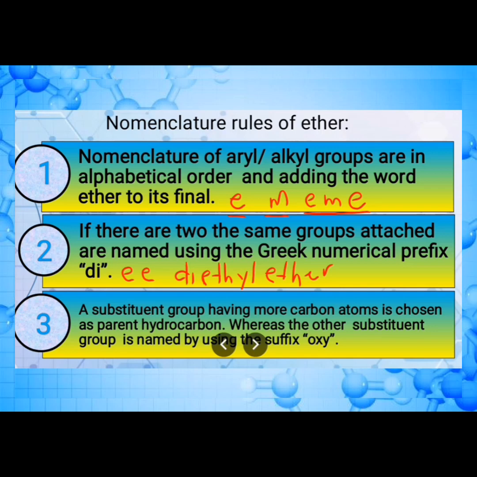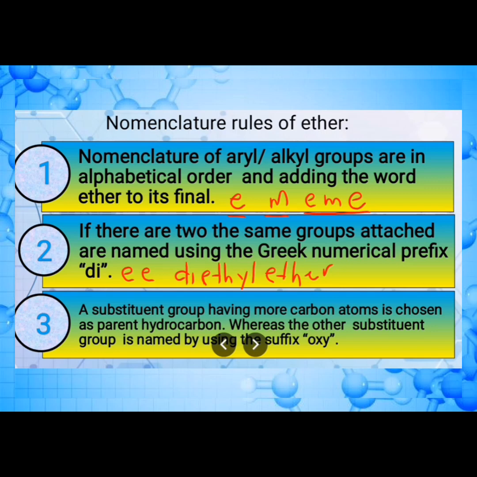So for the third rule, we will count the number of carbon atoms. Whichever has the most carbon atoms will become the main parent chain, and the one with the fewest will be our oxy substituent.